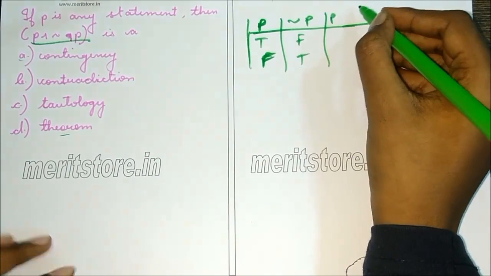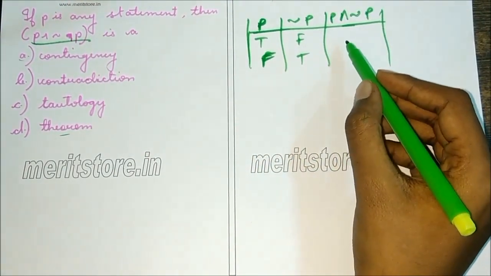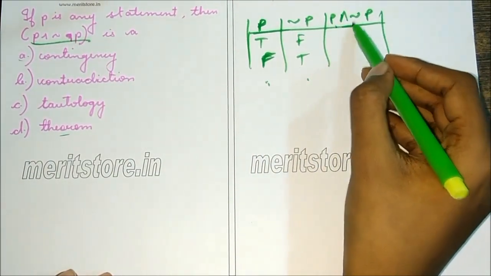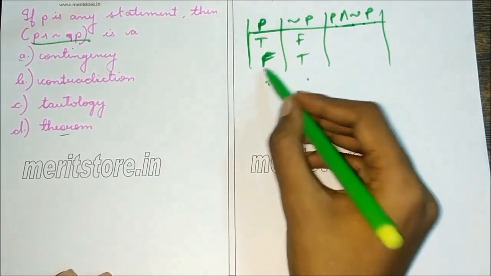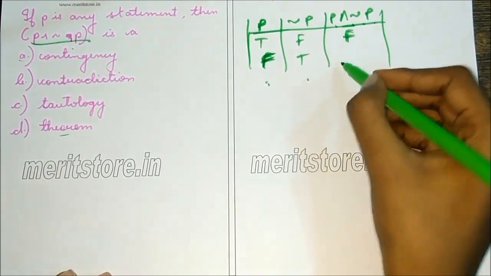So P and negation of P will be, in this case, if both are true, then P and negation P will be true. So since both the terms are not true, the value is false.